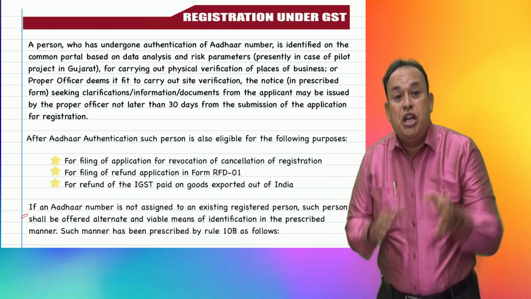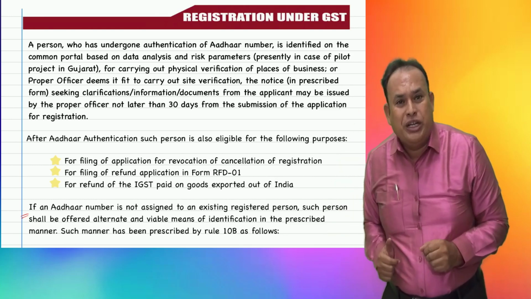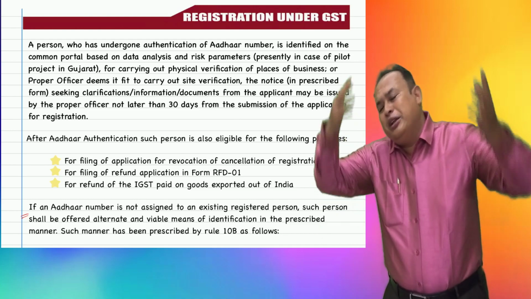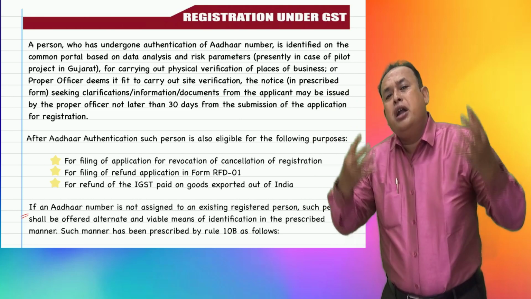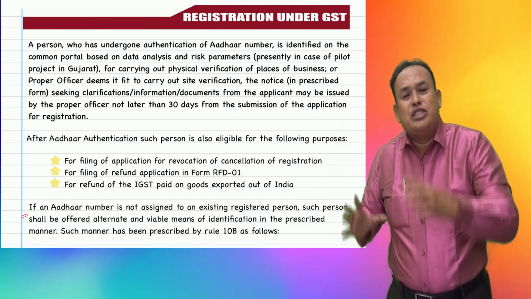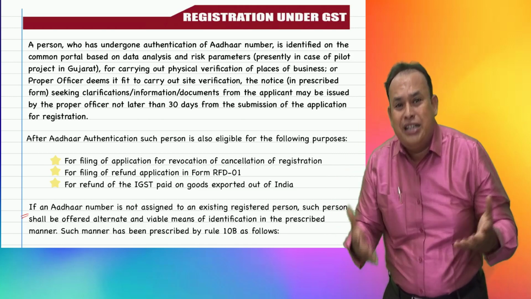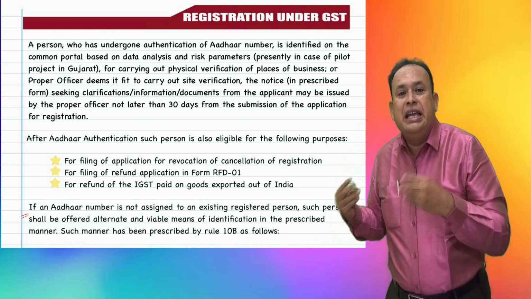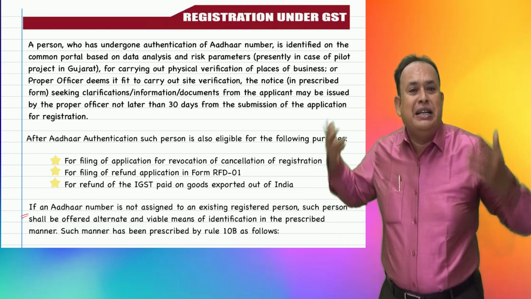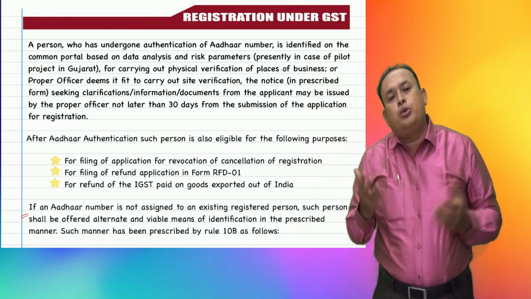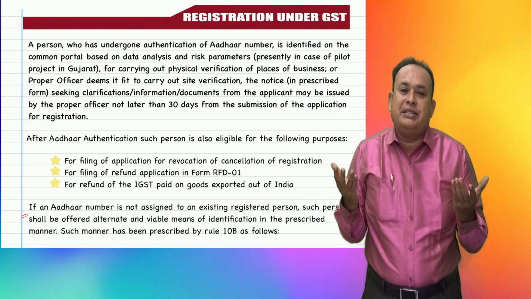Otherwise, what happens? If you grant the registration certificate to him, he is going to misuse the input tax credit, and he might claim the refund in an undue manner, and he is going to cause crores of rupees of loss. Tomorrow, the moment you are able to find out who he is, where he is, he will escape from India and disappear from India and appear in London. At that time it is too difficult to recover the taxes from him.